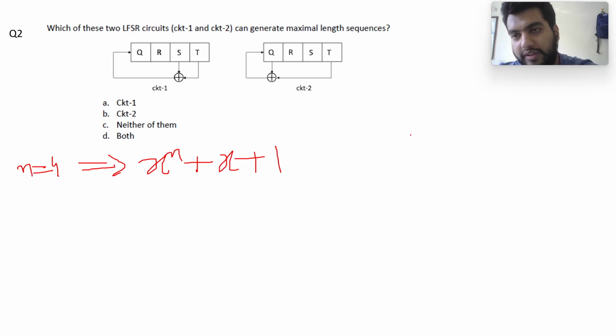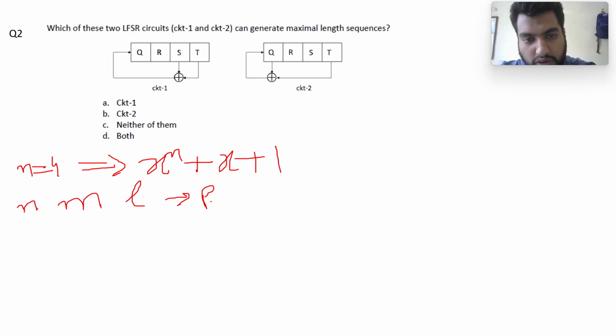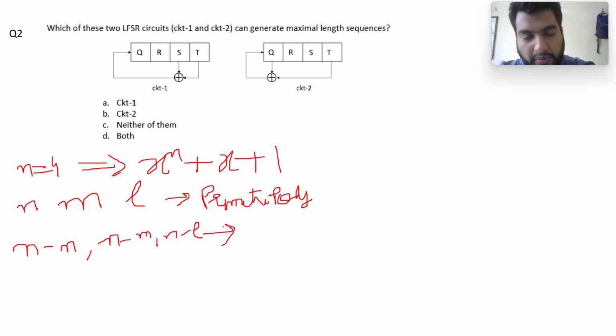And also we know that if the circuit is tapped at n, m and l and it generates a primitive polynomial, then the circuit where the tapping is done at n minus n, n minus m and n minus l will also generate a primitive polynomial. So now looking at circuit 1 and circuit 2, let's take circuit 2 first.